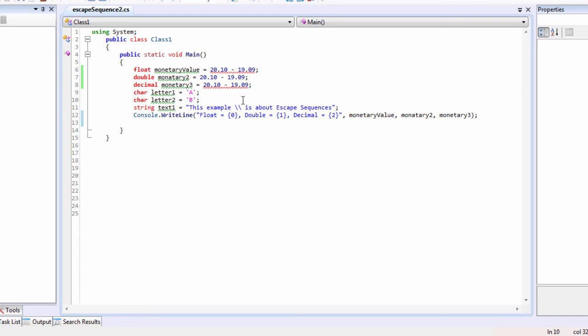So you type in the minus sign. Suppose you want to actually subtract 19.09 from 20.10 in your calculator. You type in the first value, then you tell the calculator that you need to use the subtraction operation.